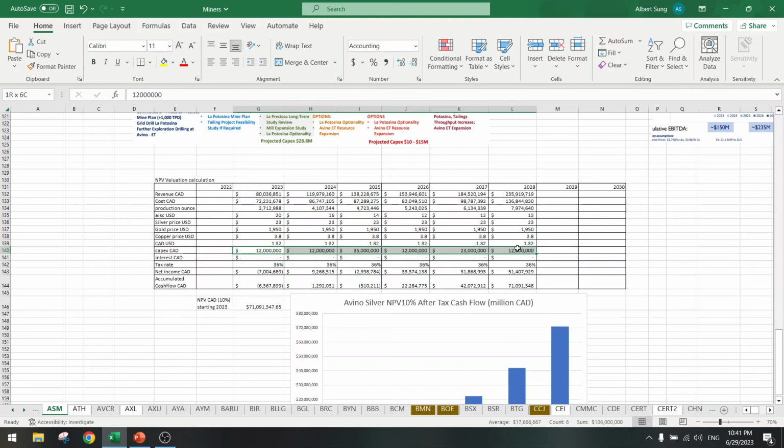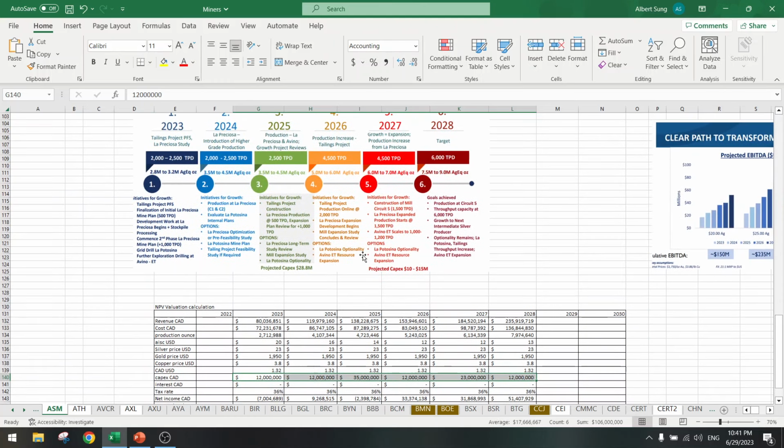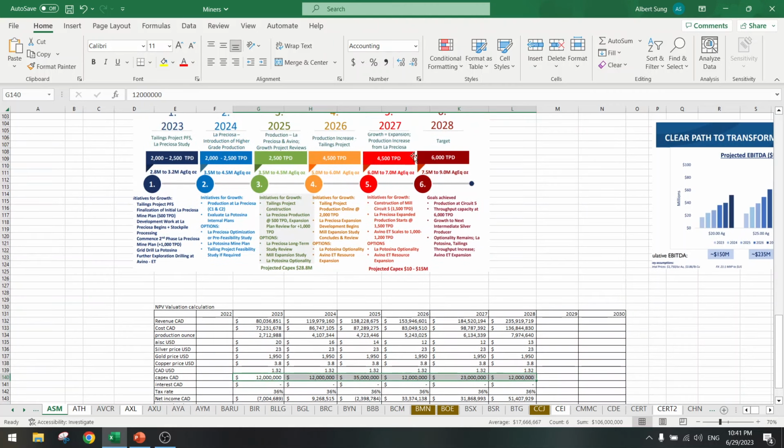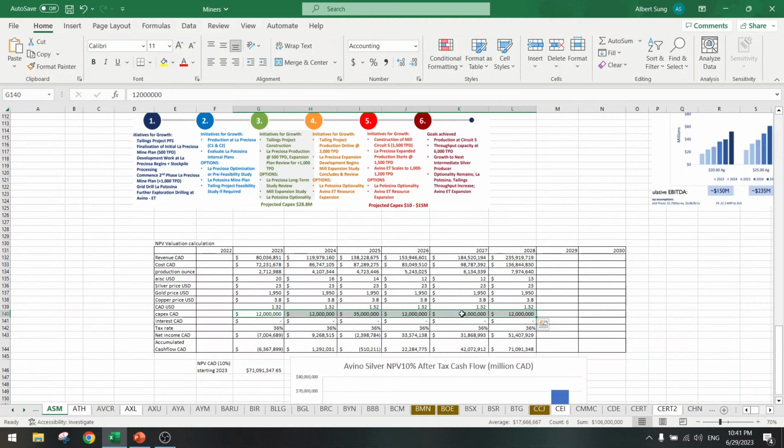And you can see here, capex is going to rise in 2025. As they said here, projected capex is 28 million plus normal capex, of course. So it will be around 25. And then in 2027, added 15 million project capex, which is added here.